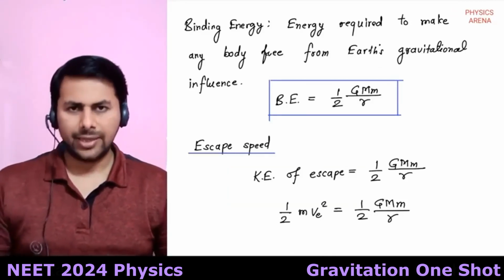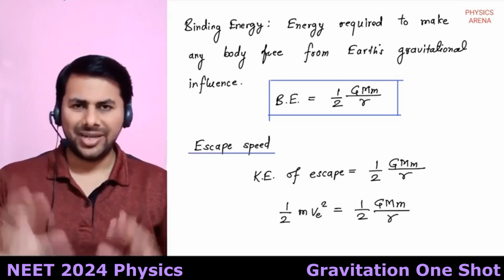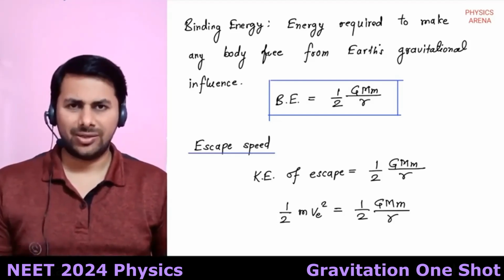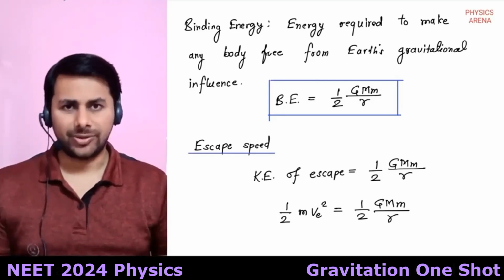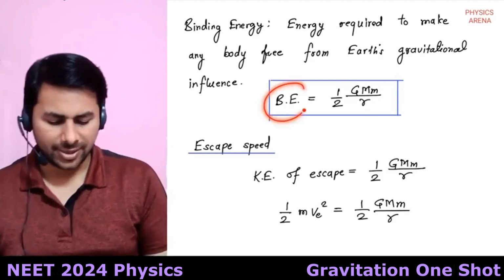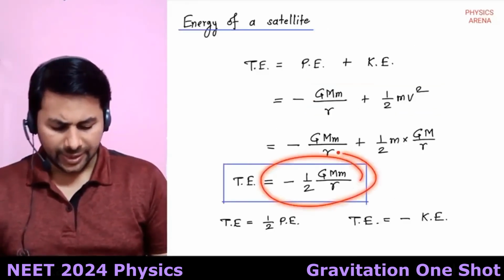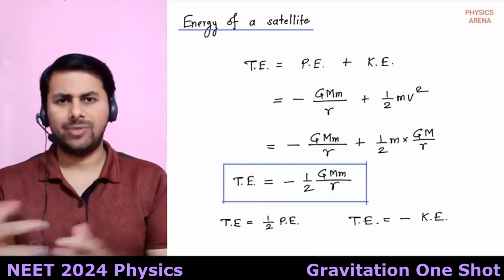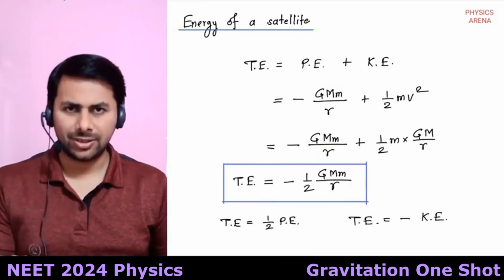Next is binding energy. What is binding energy? The energy which must be given to the satellite so that it escapes the Earth's gravitational bound is known as binding energy. Now you can say the satellite is bound to Earth with this much energy; it has this much negative energy.